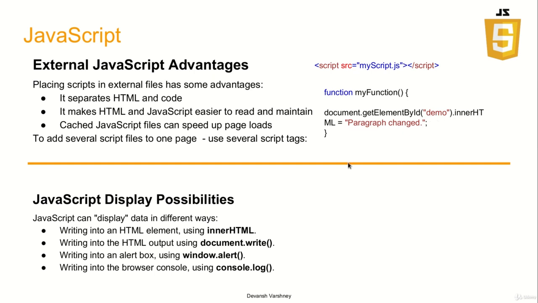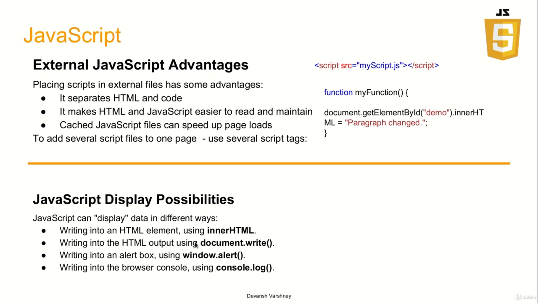Okay, JavaScript display possibilities. How do we display data? We have different ways to do that. First, we have seen innerHTML, which just replaces content on our web page. Then we have document.write if we want to write to the output. Then we can generate alert boxes using the alert function, window.alert.